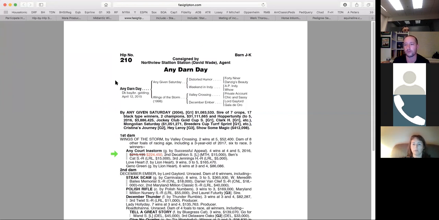You figure he's 20 or so now, and he's still having daughters born now. He's going to have daughters in production for 20 something more years, so that gives him a nice long time to build his broodmare sire statistics. I think he's going to be a very good broodmare sire. He has 9 stakes winners, I think, already as a broodmare sire.